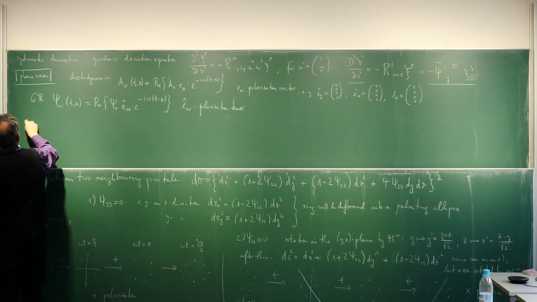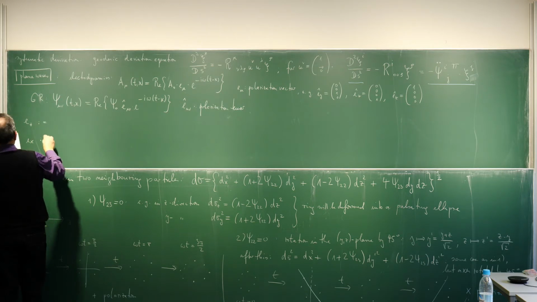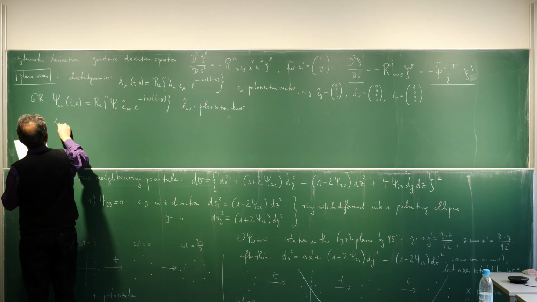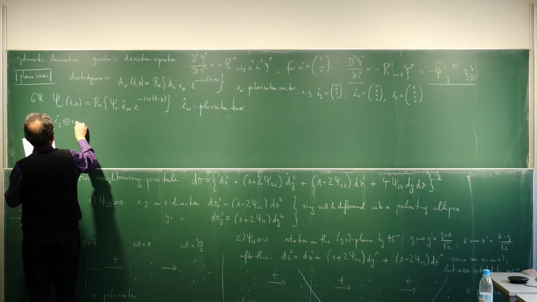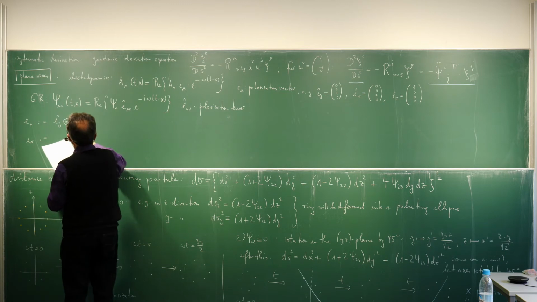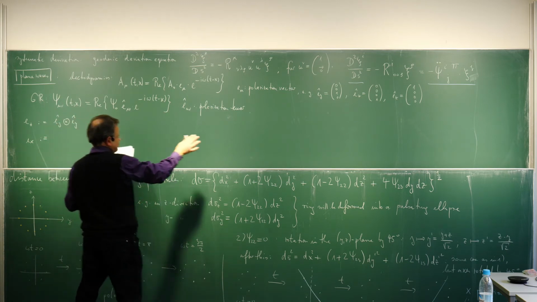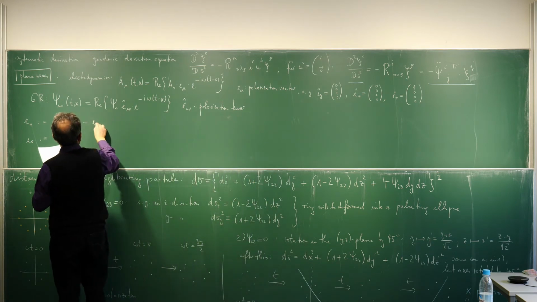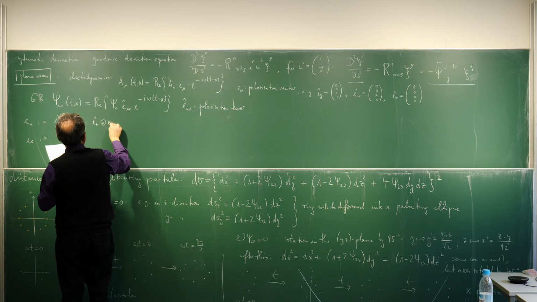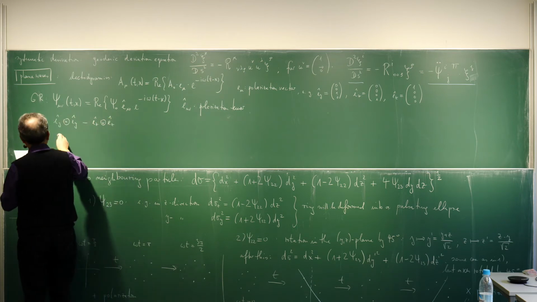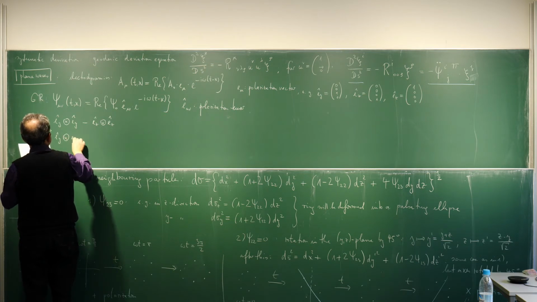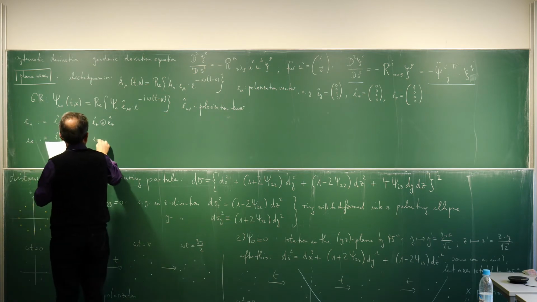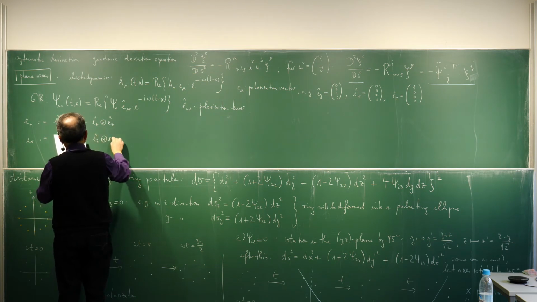So let us define an E plus and an E cross, and they are defined by the tensor product of the unit vector in y direction, E_y, minus the corresponding term with E_z, and then we have the tensor product E_y, so the non-diagonal terms E_y tensor E_z plus E_z tensor E_y.